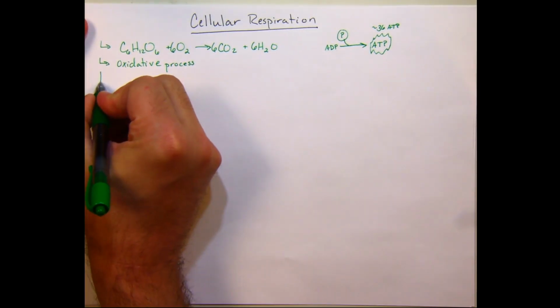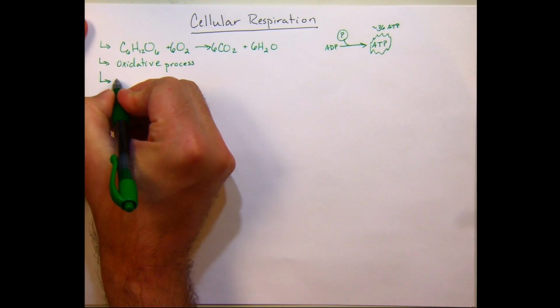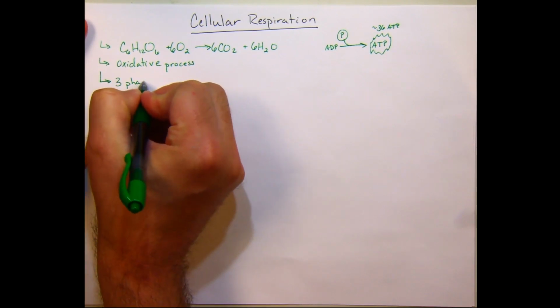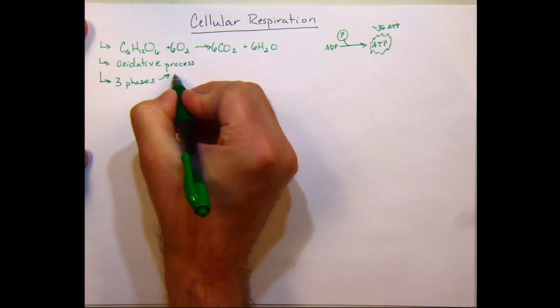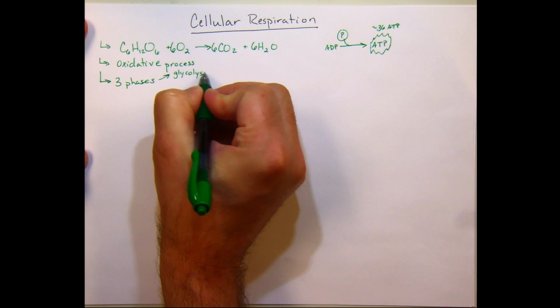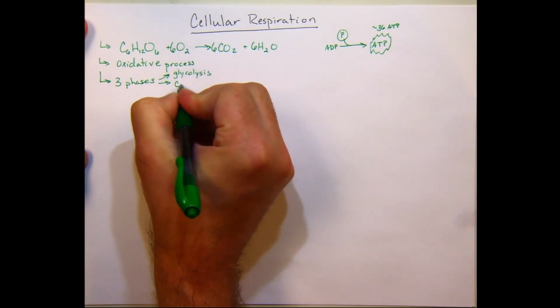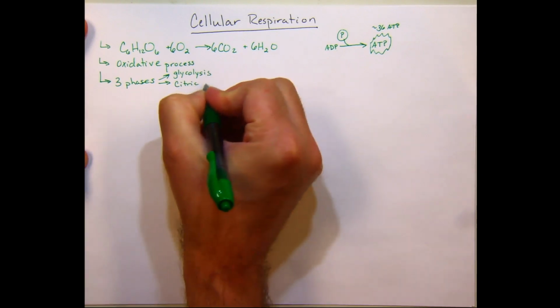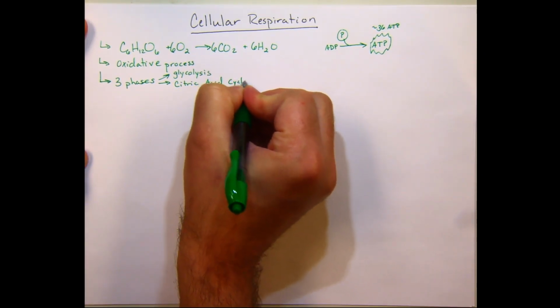Cellular respiration occurs in three phases. The first part is glycolysis. The second is referred to as the citric acid cycle.